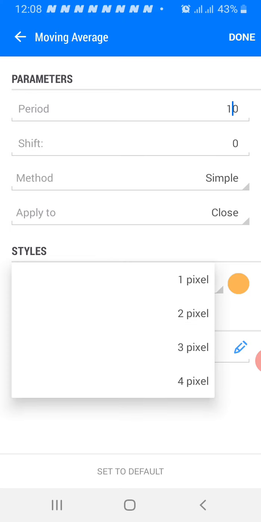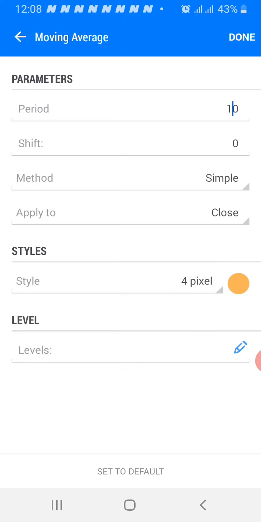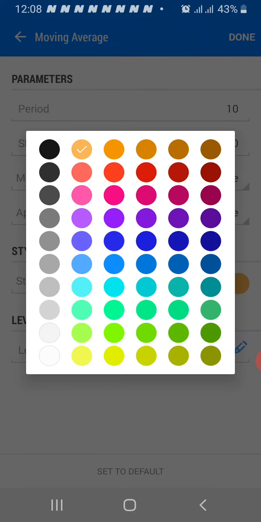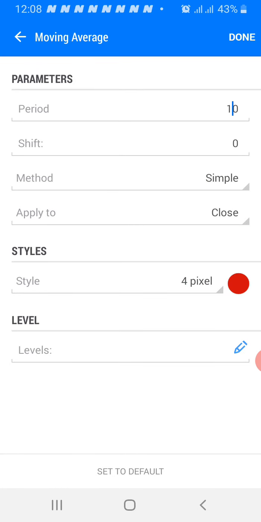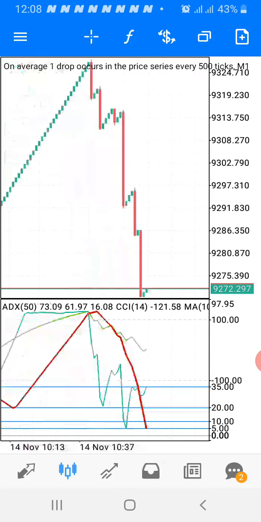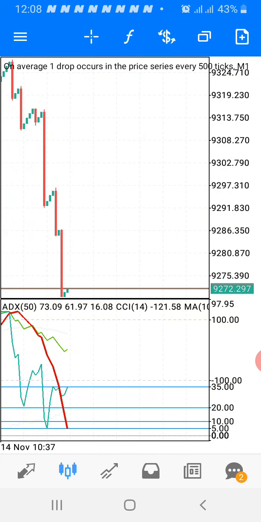Then the line is 4 pixel. We're using 4 pixel for the line. The color, let's take red. We're using red, so that's all. You click done.